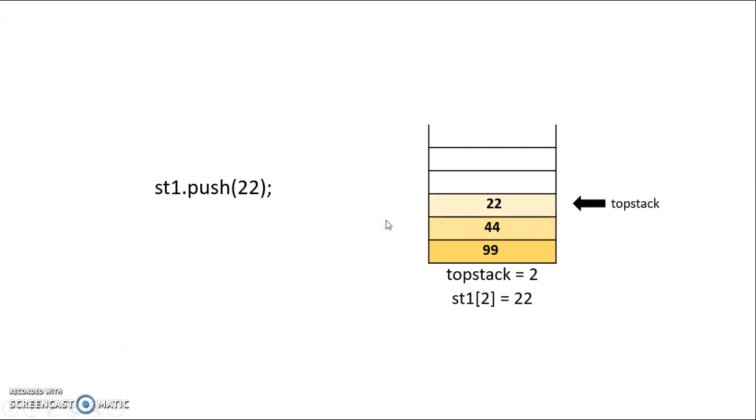So the third operation, st1 push 22. So top will increase by 1, and then the st1 third value will be 22. Alright, the last push for st1, 7. So top will still increase by 1, and it becomes 3. So it will point to here, and then the st1 fourth element value will be 7.